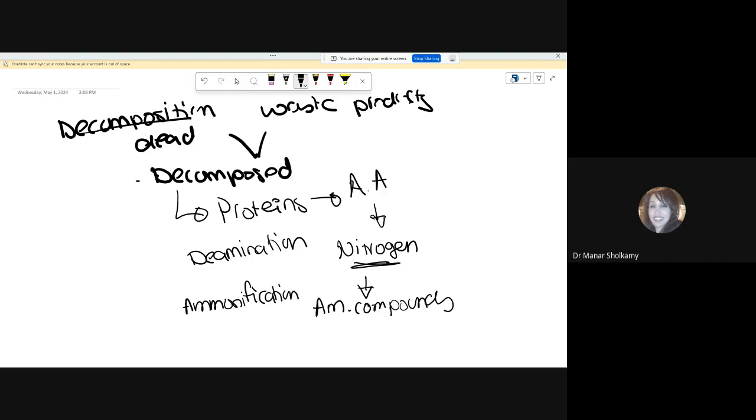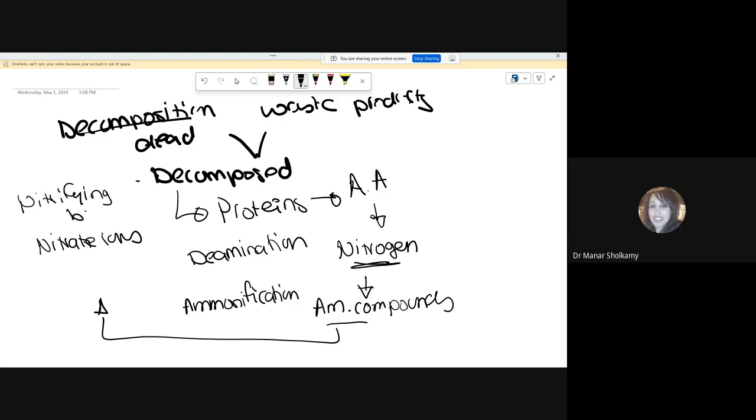And then finally, these ammonium compounds are converted into nitrate ions by nitrifying bacteria in a process called nitrification.